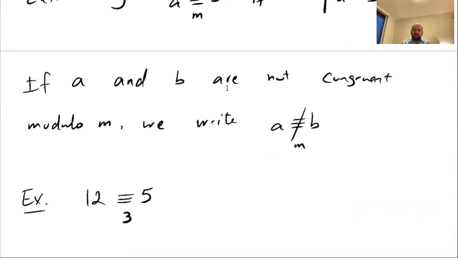Do you think 12 and 5 are congruent modulo 3? How can I know? According to the definition, I have to look at their difference and see whether their difference is divisible by 3 or not. So what is the difference here? 12 minus 5 is 7, and 3 does not divide 12 minus 5, which means 12 and 5 are not congruent.